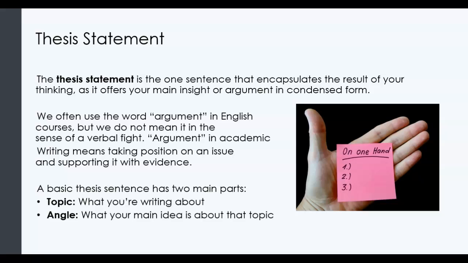Argument in the academic sense means taking a position on an issue and supporting it with evidence. A basic thesis sentence has two main parts: the topic, what you're writing about, and the angle, what your main idea is about that topic.